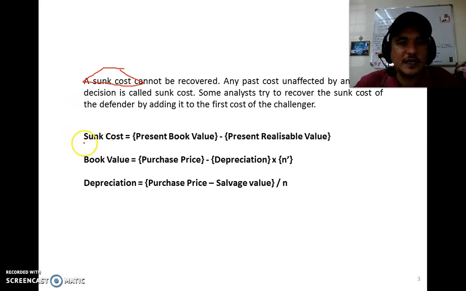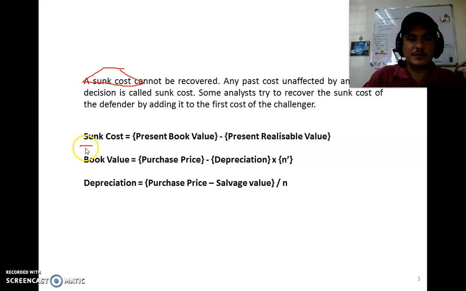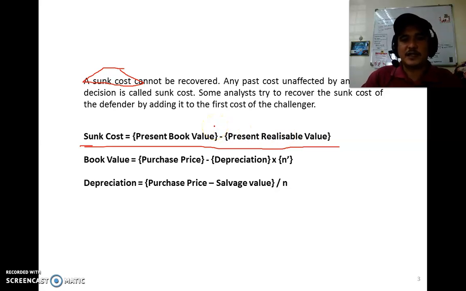To calculate the sunk cost, it equals the present book value minus the trade-in value, the present realizable value. The sunk cost cannot be recovered, because any past cost unaffected by any future decision is called sunk cost.